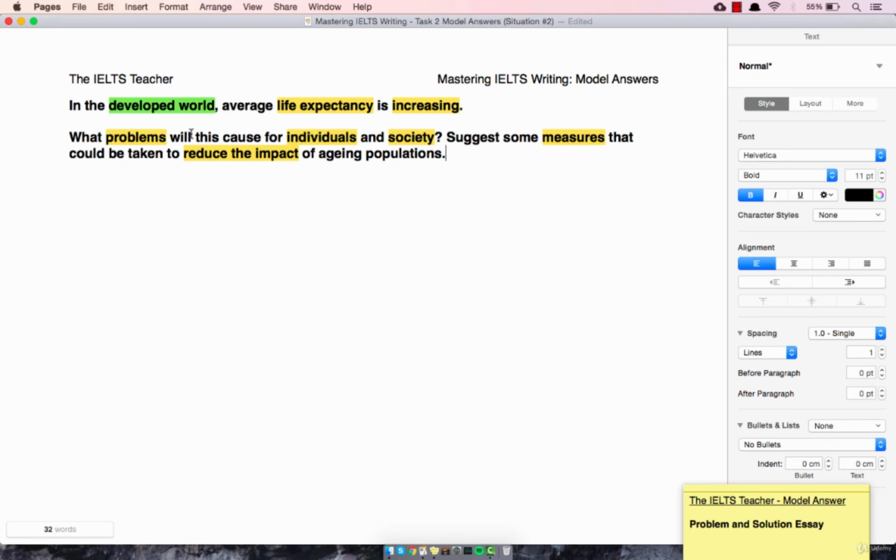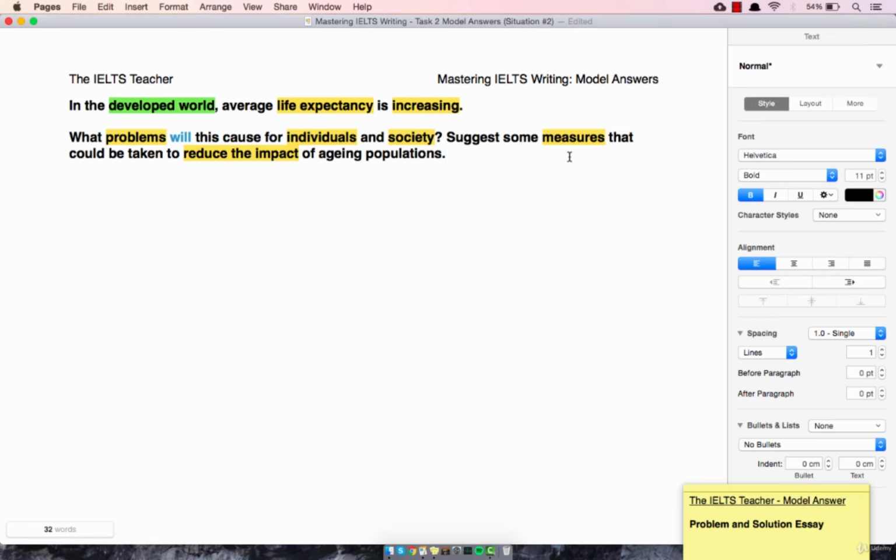Hopefully you've landed on this. Will. I'm actually going to mark that in a different color rather than just highlight it, because although it's not really a keyword in terms of the theme, we need to keep it in mind as we respond to the task regardless, because it will dictate the grammar, if not the vocabulary that we use as we respond to this task.